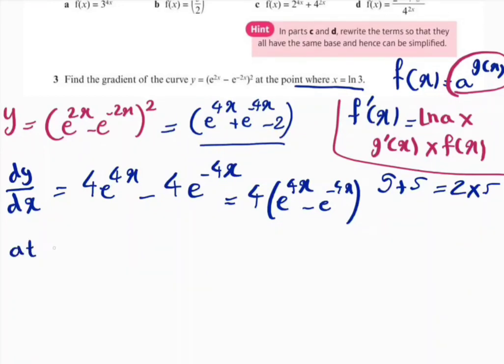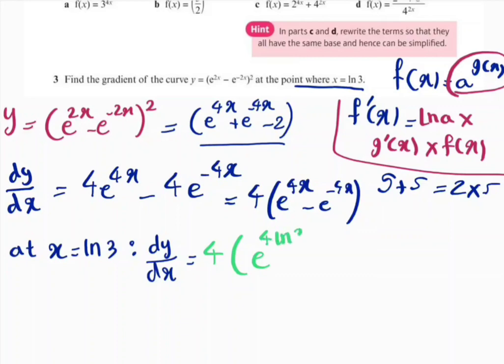Right. Now let's calculate the gradient at x is equal to ln 3. So dy by dx is equal to, let's substitute that into the derivative. So we have 4 times e to the 4 ln 3 minus e to the minus 4 ln 3.